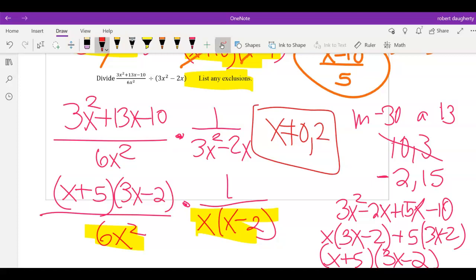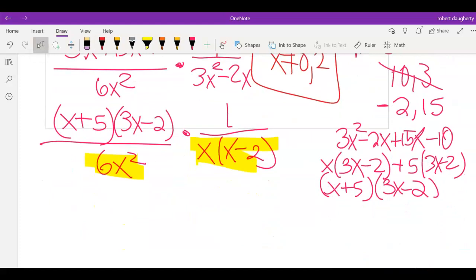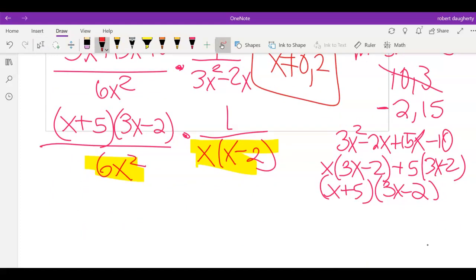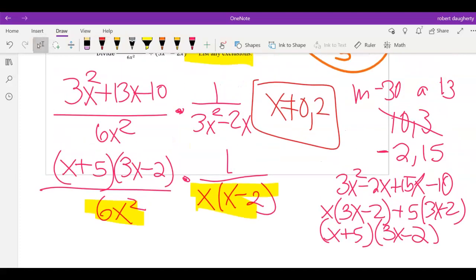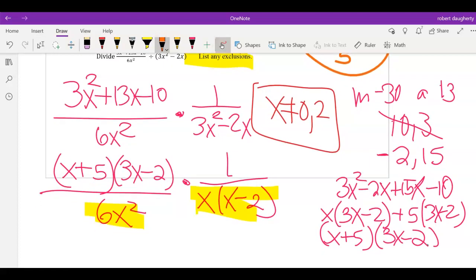And now to get to my final answer, is there any simplification here? Wait, sorry. When I did this factorization, let me back up. When you factored out the x, you're left with 3x minus 2, so there's a 3 right there.